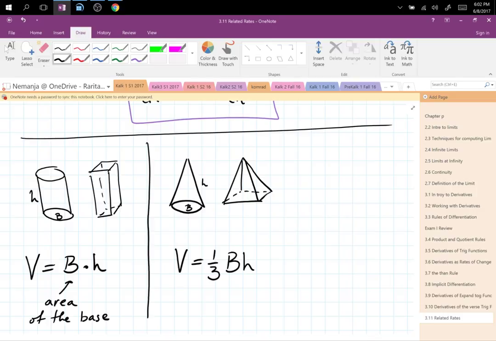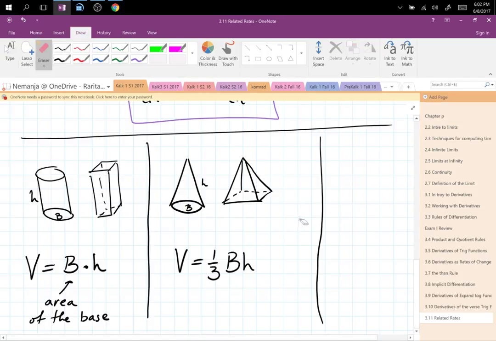So as long as you are able to find the area of the base, you should be multiplying that by height, h, and then you figure out whether it's a spiky or non-spiky object, meaning you put 1/3 or nothing there.